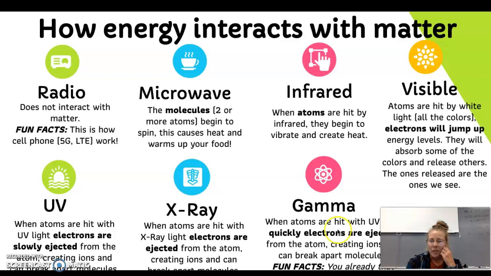So we can affect an atom by shining that gamma light on it and making it lose electrons, but it can also produce that energy itself. So how then can we get elements to produce all of these other types of energy? I want you to think about that. How can it produce an X-ray or UV light or visible light or infrared light? So think about that, and you're good to go.